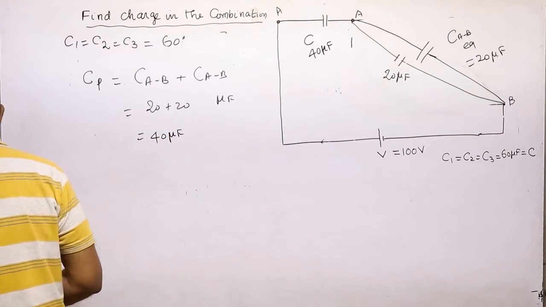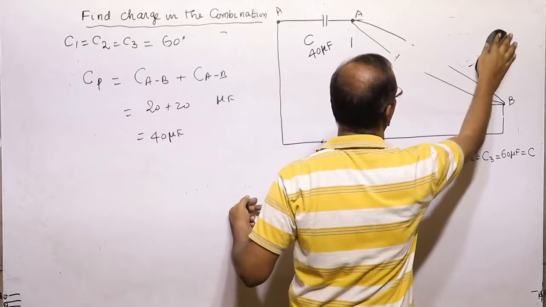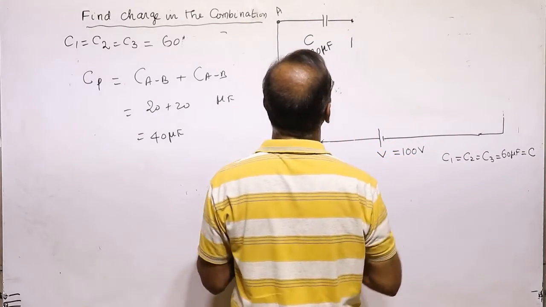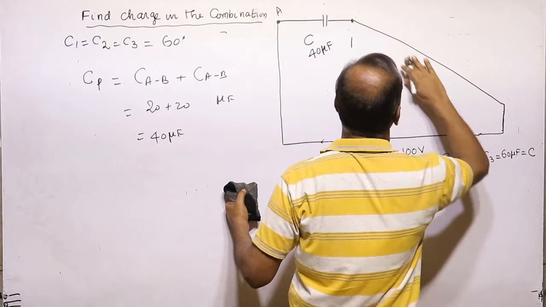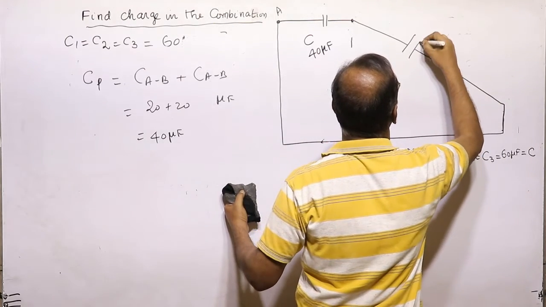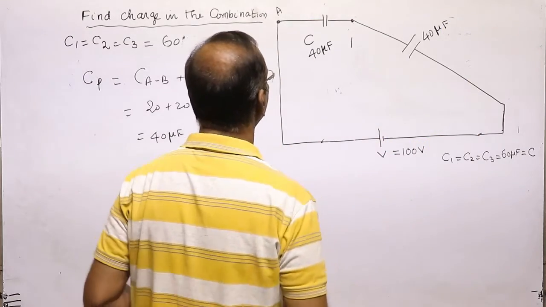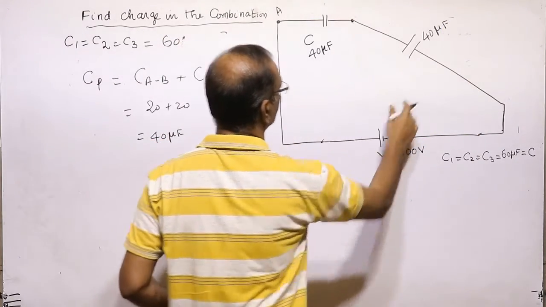This again we can reduce as 40 microfarad. So now this is 40 microfarad, this is 40 microfarad. Now both are in series.